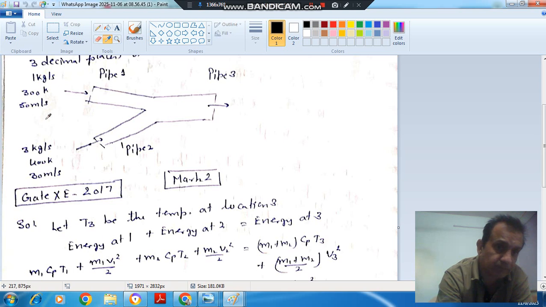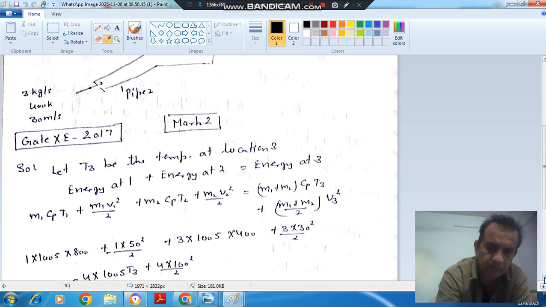So energy at 1 is heat energy plus kinetic energy, so heat energy is m1 Cp T1 and kinetic energy is m1 v1 square by 2, and energy at 2 is m2 Cp T2 and kinetic energy is m2 v2 square by 2. So at 3 the total mass becomes mass entering here and mass entering here, that is m1 plus m2, and temperature is T3, so (m1 plus m2) Cp T3, plus (m1 plus m2) by 2 times v3 square.